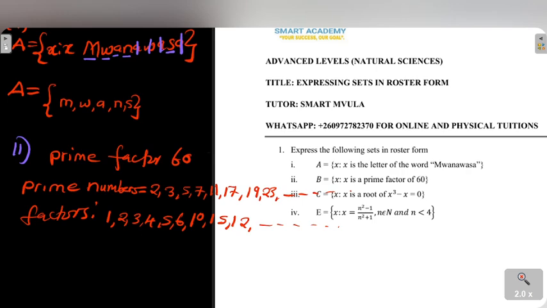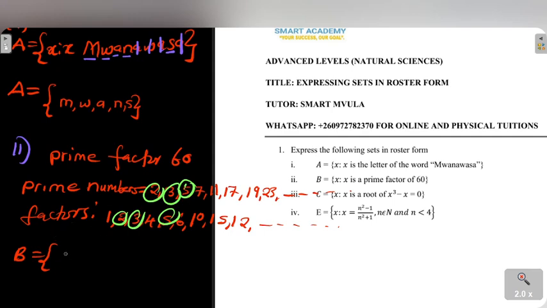So these are enough. From here, you can now say that set B, in terms of the prime factors, you just look for an intersection. In short, you're looking for common elements: numbers that are both in the list of prime numbers and also in the factors list. So I have 2, we have 3, and also 5.